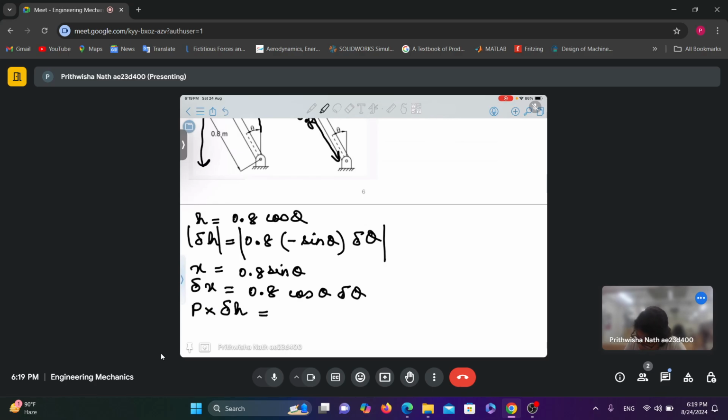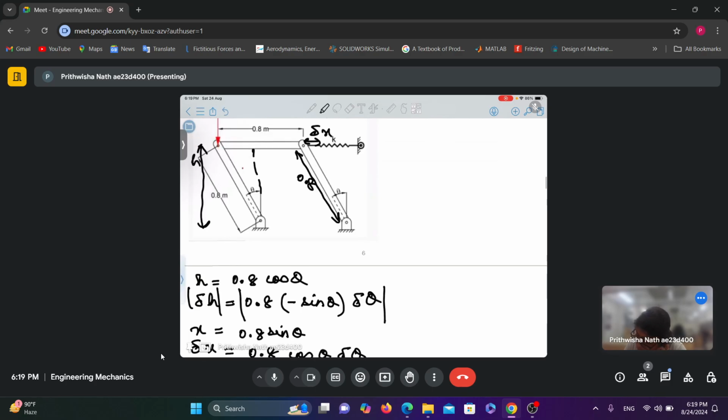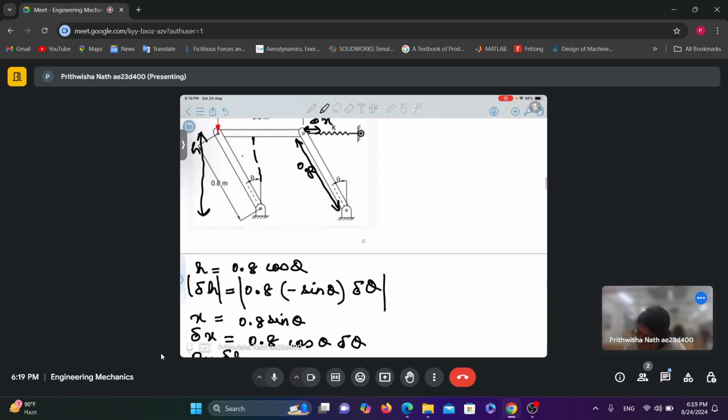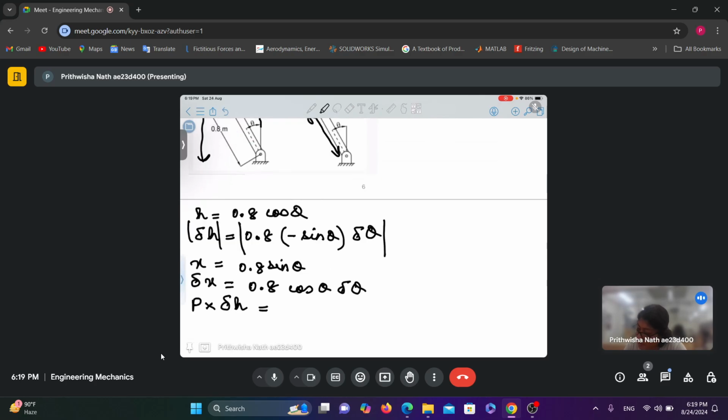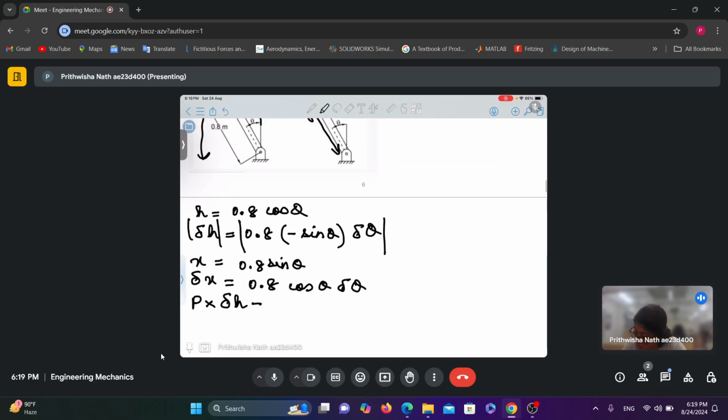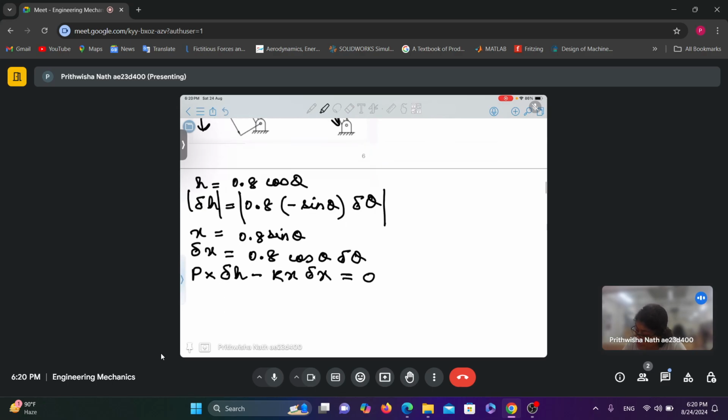And the work done by the spring would be negative since the force and displacement are in opposite direction. So kx delta x equal to 0. Now I'll just substitute this.